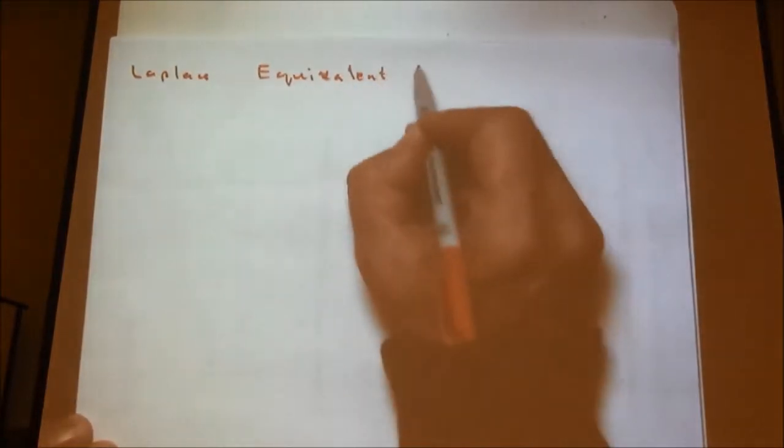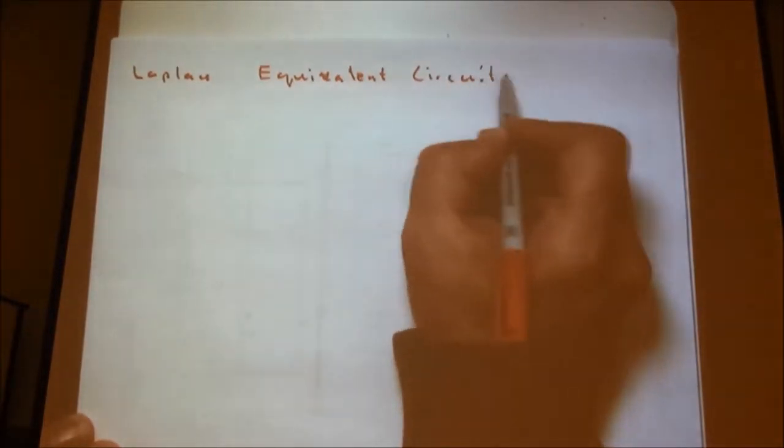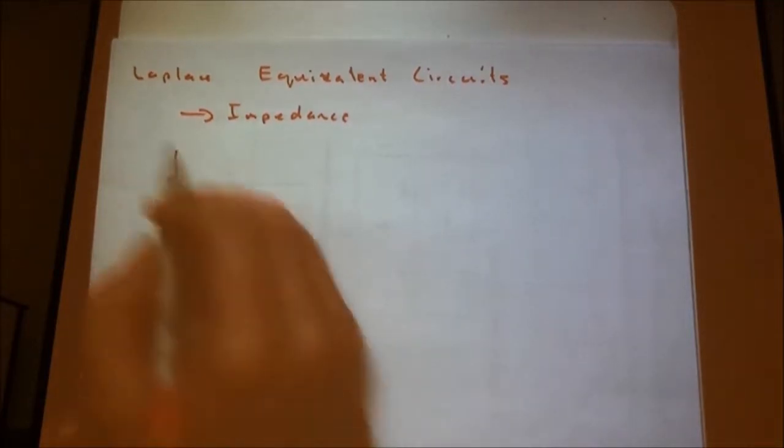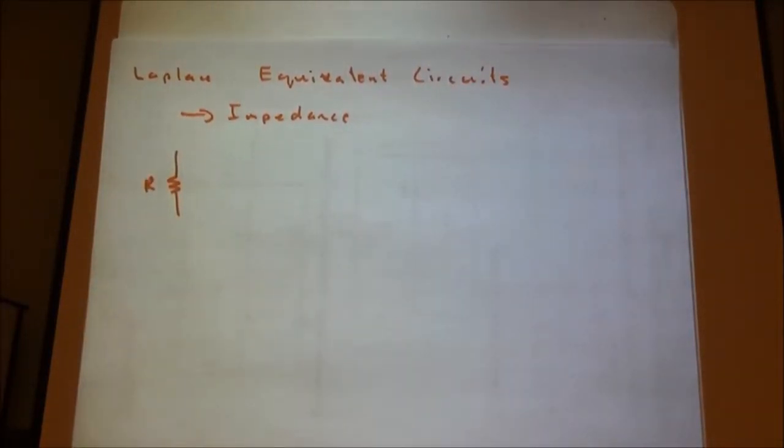So, we left off, we started looking at the Laplace equivalent circuits. And essentially, we're talking about impedance now. We went through all this, so this will be a bit of a review, and you can find things online, our slides, other people's slides, whatever the case may be.